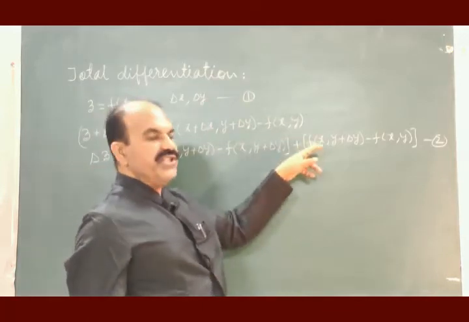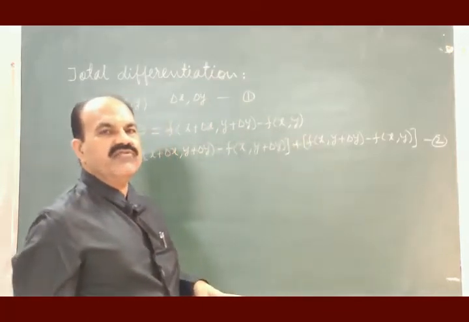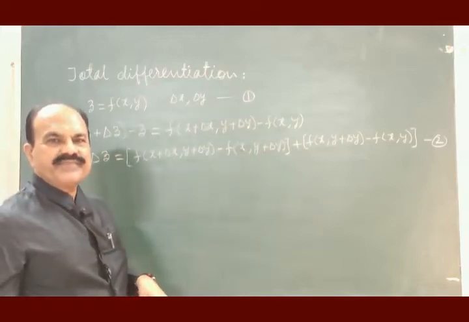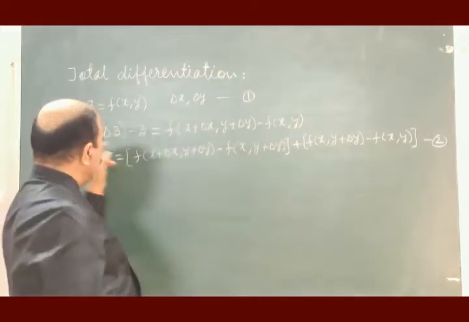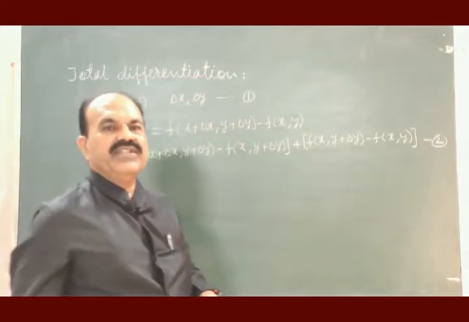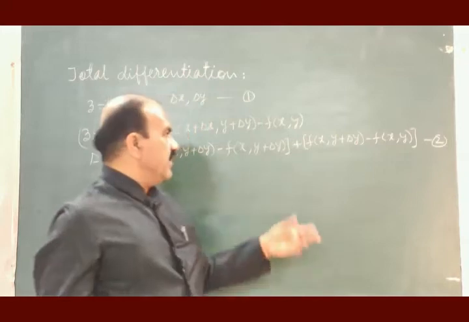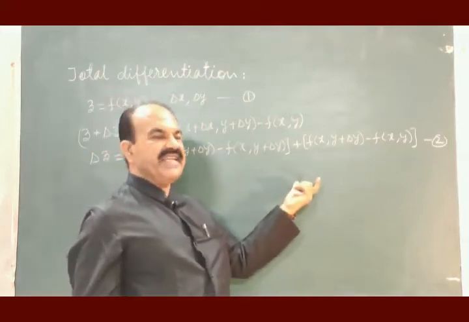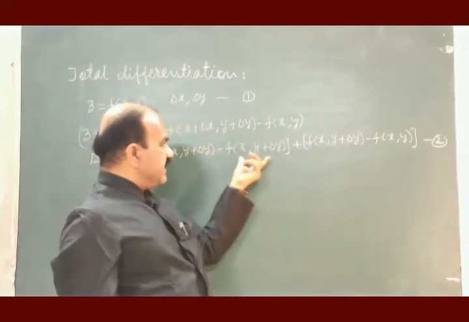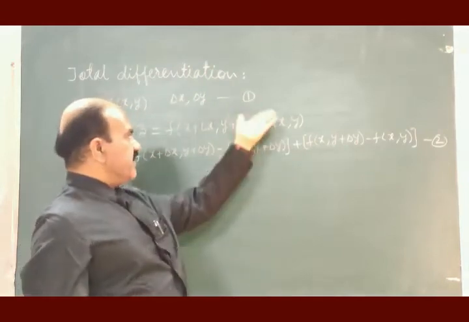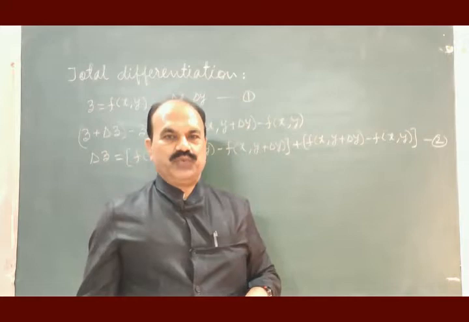When these two terms cancel each other, we will come to this equation. So, equation 2 and this equation are same. There is no change in these equations. Only manipulation made is this term added, the same term subtracted to write this equation as equation 2.